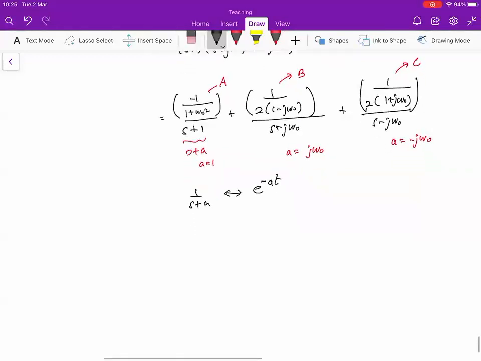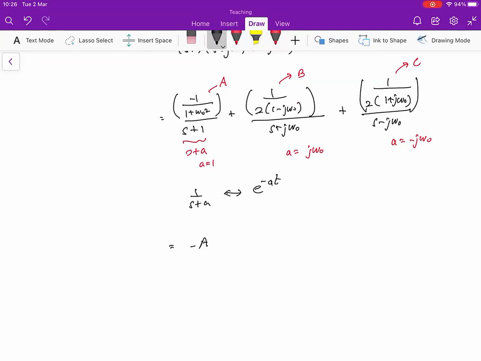So using this, we can just rewrite this. Just a minute, 1 over s plus a. Sorry, it should be e to the minus. Right, so let's see.